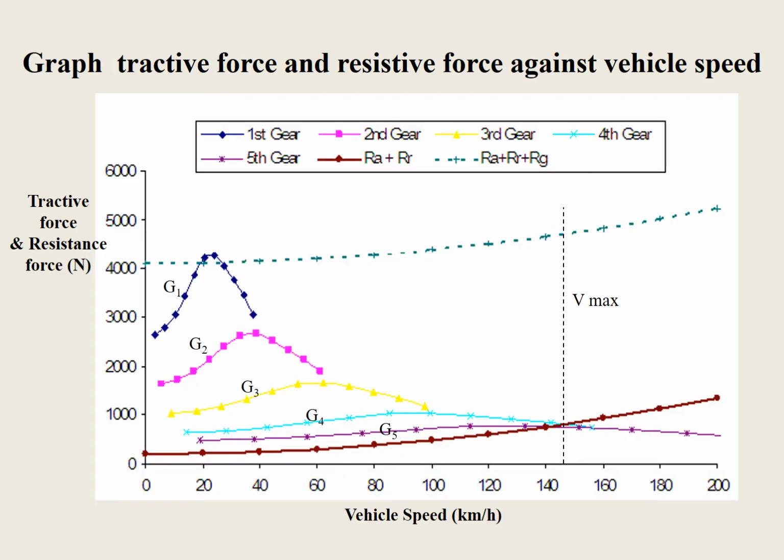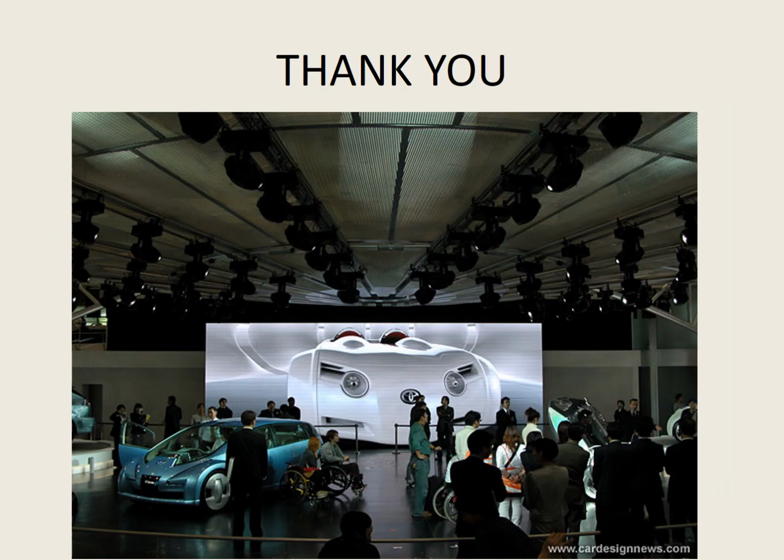So if we make a graph of tractive force and resistance force versus the vehicle speed, you can see that this is the gear 1, gear 2 characteristic, and this one will become the maximum speed. Okay, that's all.